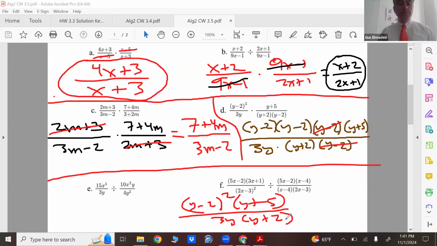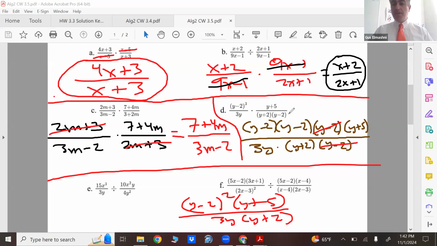Why is there a third y minus 2 on the top? Oh, because you have y minus 2 cubed. And so you have to have 3 of them. But you could just make that a 2 and get rid of the y minus 2 in the bottom and have y minus 2 squared. That works also. Okay, go and try E and F.